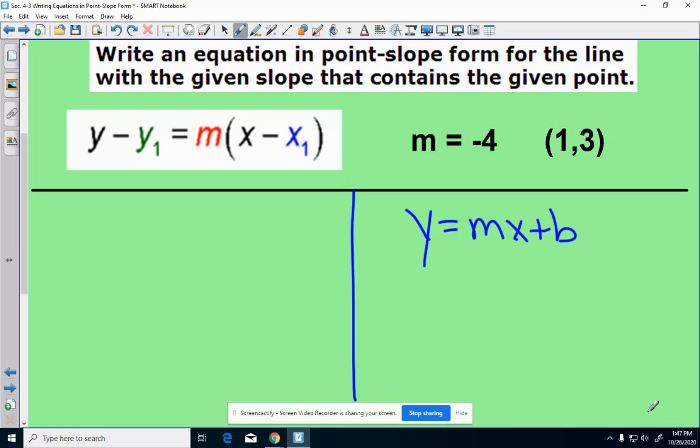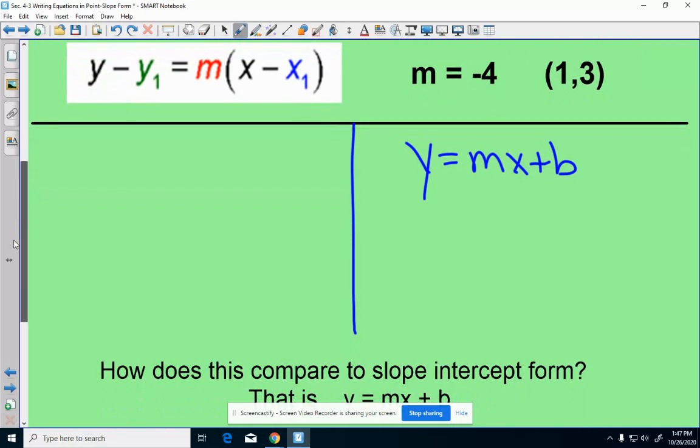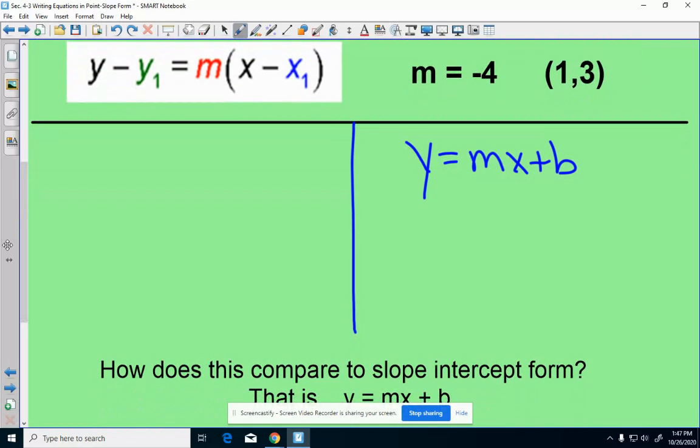So what's your value of y? What's your value of m? Your value of x. Leave b out of it. Solve it for b. You should find your y-intercept. Once you have your y-intercept, you can write your final equation.